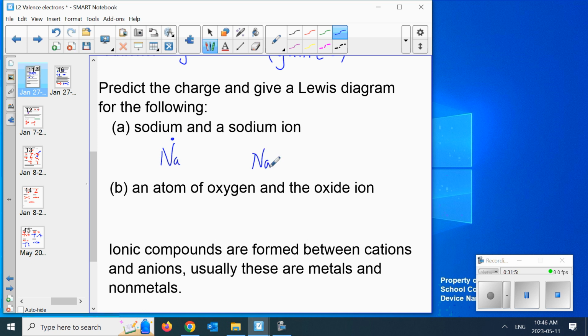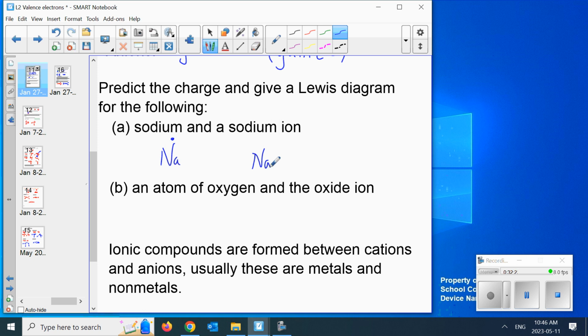But here's what we say on the periodic table. What's the closest noble gas? Basically, neon, going backwards. So in order for sodium to have the electron configuration like its closest noble gas, neon, it has to lose 1 electron. It'll be +1 because it's lost a negative electron.